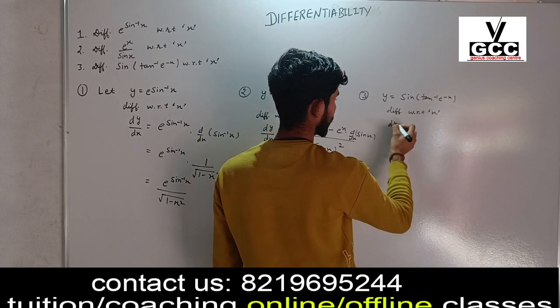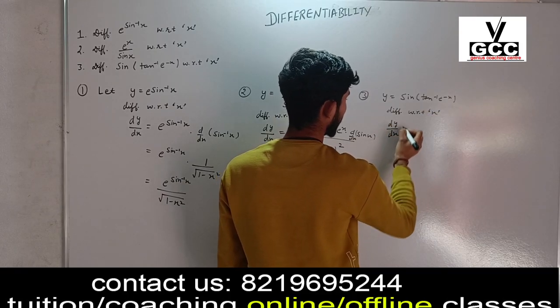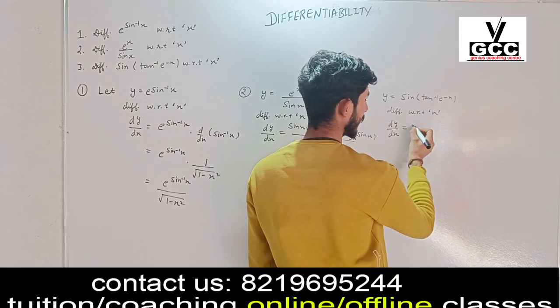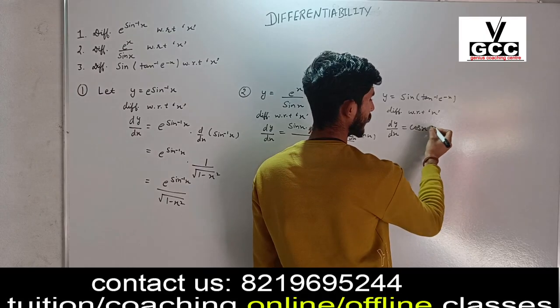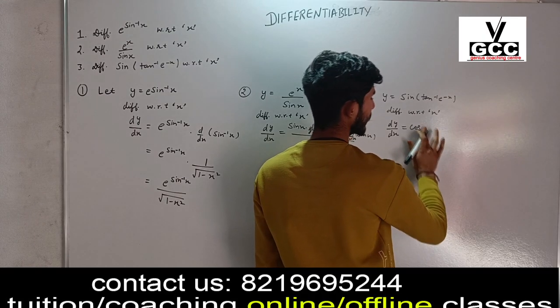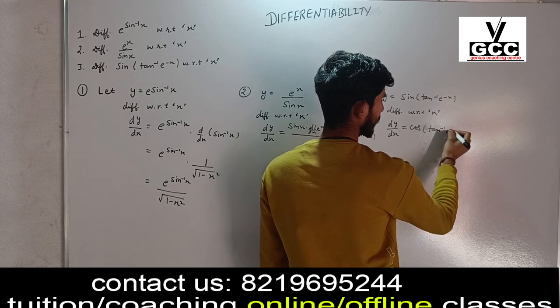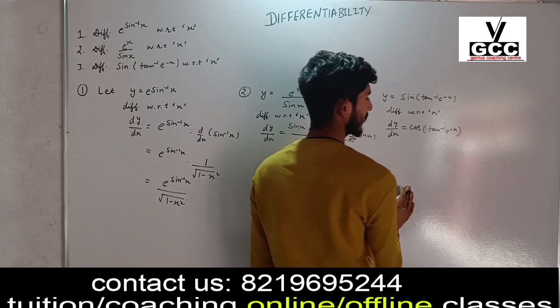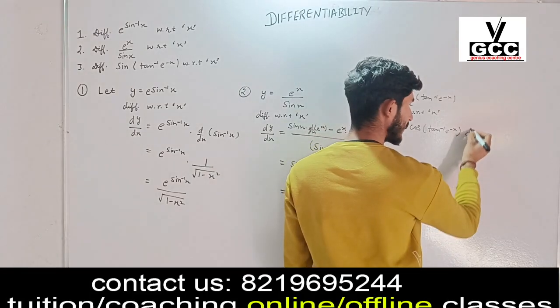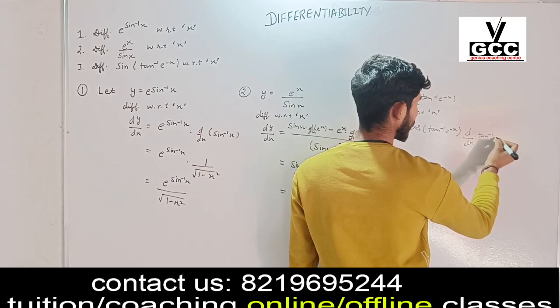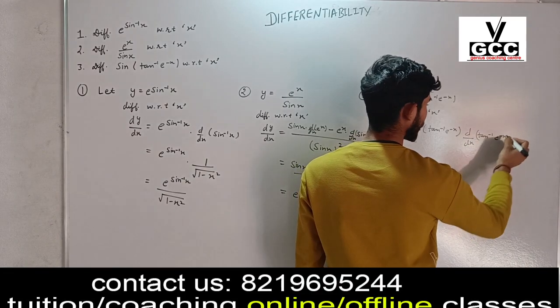We have to find dy/dx. Firstly we take the derivative of sin, which is cos, but the argument is not simple, so we keep tan inverse e^(minus x) as it is. Now we have to again differentiate tan inverse e^(minus x).